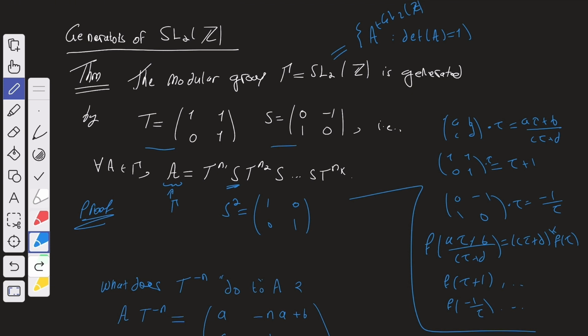So let us start by understanding what T and S do to A when we multiply them by A. First of all, it's an easy induction argument to show that T to the power n is the matrix (1, n, 0, 1). You just do the matrix multiplication and observe this by induction. Let us see what happens if we multiply A by T to the minus n.